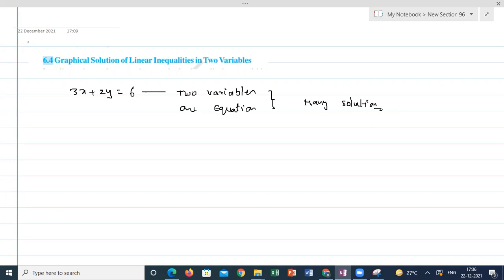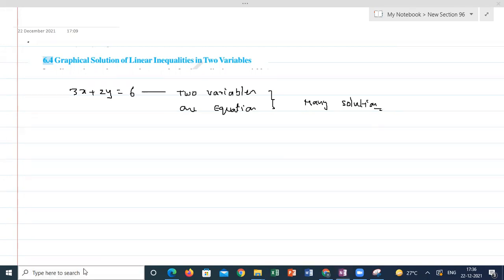There is a statement 3 times x plus 2 times y is equal to 6, where x, y are any real numbers. What possible set of solutions can prove the statement correct? If I list out that set of solutions, that is called the solution set of this expression. How can we explain this graphically?